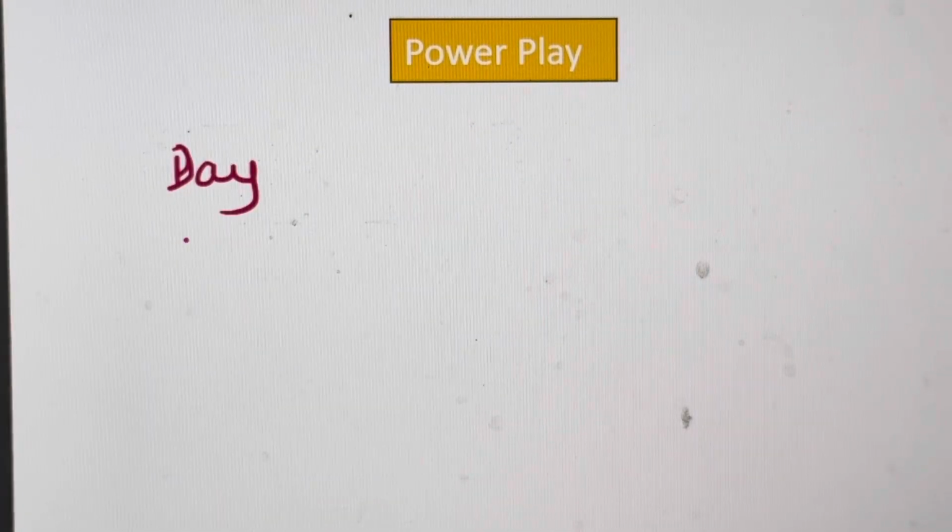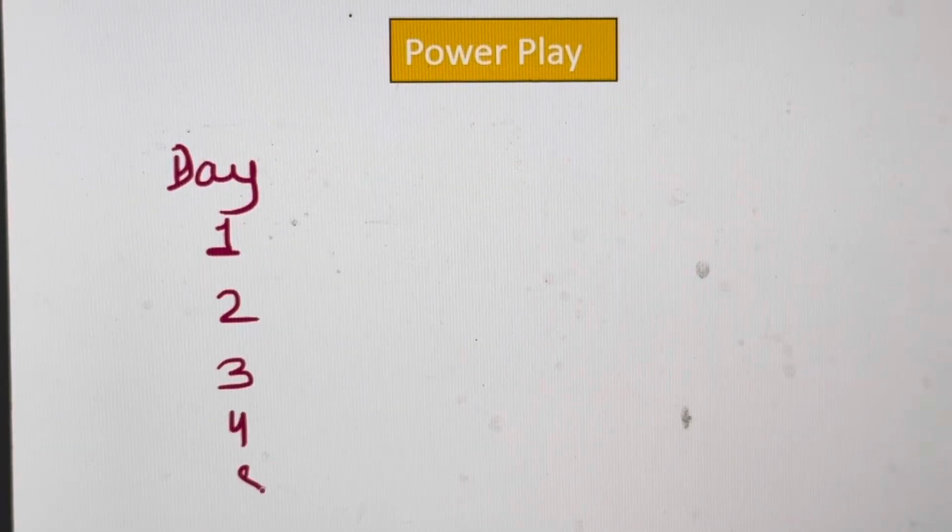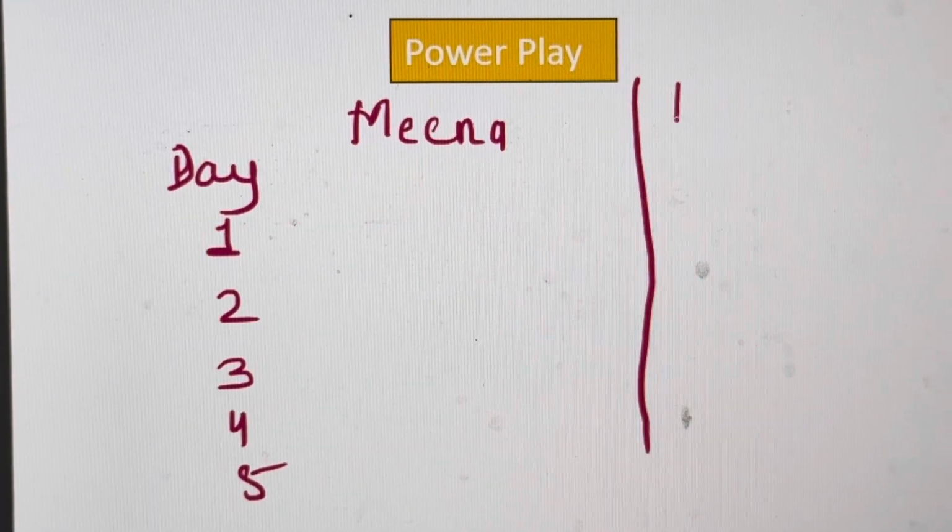Now let us see what is the difference. Let us write down, we'll do it for 5 days, so you'll understand quickly the difference. So day 1, 2, 3, 4 and 5 days. Suppose one is Meena and one is Reena.